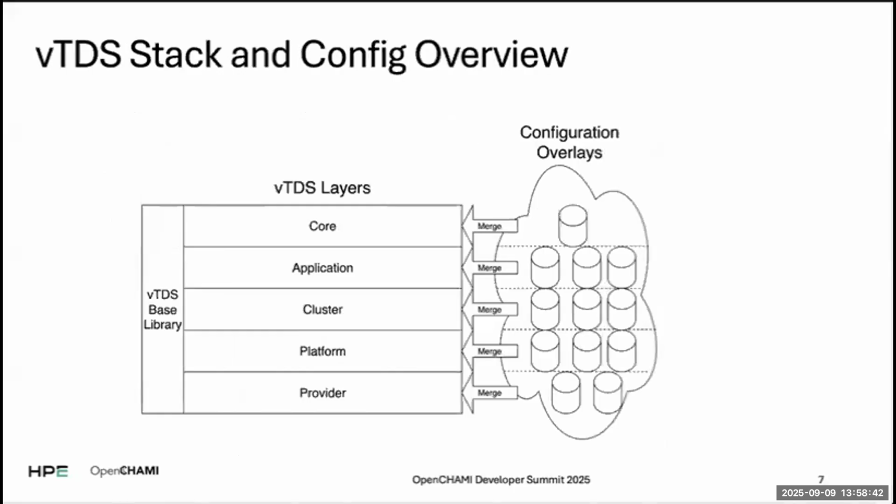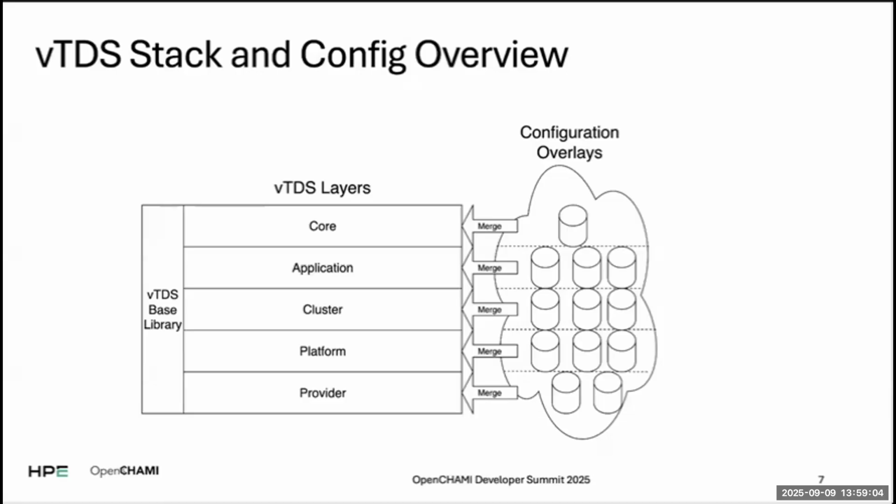So moving on to the picture then. No real surprise here, but this is laid out as a layered stack with the provider at the bottom and the application at the top, and then the core driving everything, which sits as kind of a pseudo layer on top of everything.